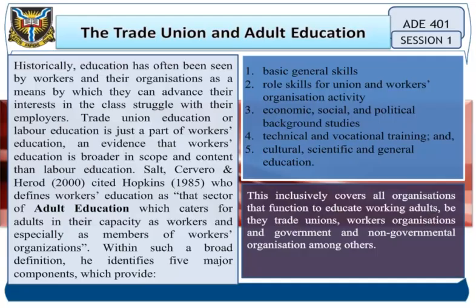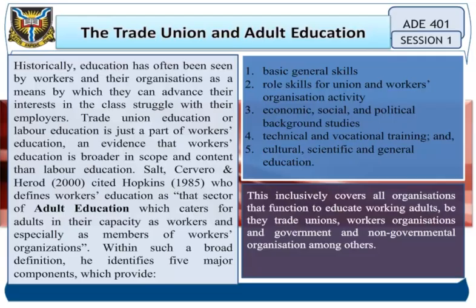Savero and Herod 2000 cited Hopkins 1985, who defines workers' education as that sector of adult education which caters for adults in their capacity as workers and especially as members of workers' organizations.